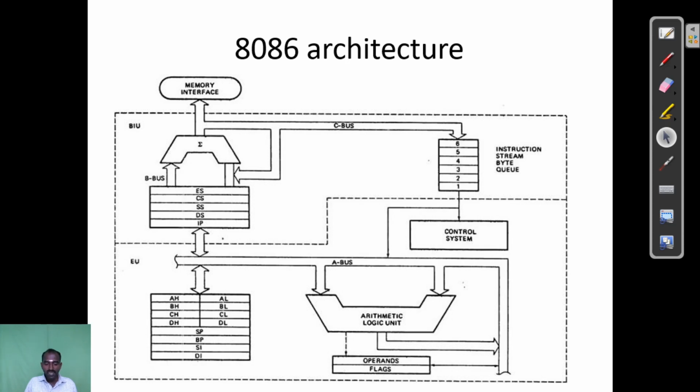Then another one is the execution unit. This diagram in the second part is the execution unit. The execution unit executes the instructions that have already been fetched by the bus interface unit.